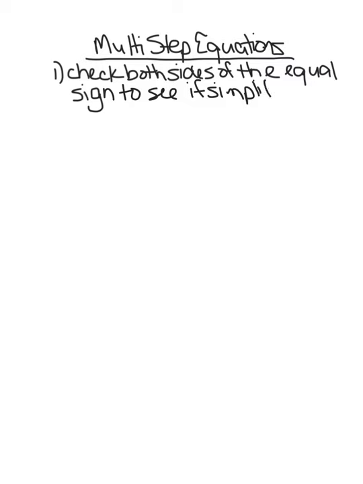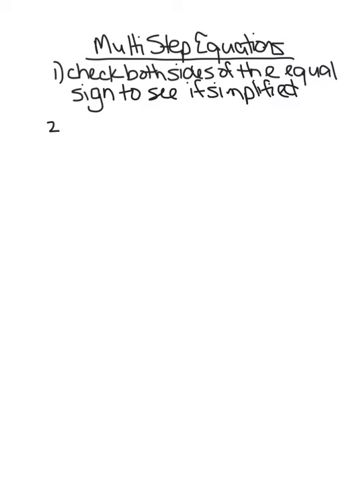This could mean that we need to do some distribution, or we might need to collect like terms on one side of the equal sign or the other side. We need to make sure that you cannot combine the terms together on the left side and then on the right side, right? Looking at those as two separate little simplification problems. So we always have to check that first.